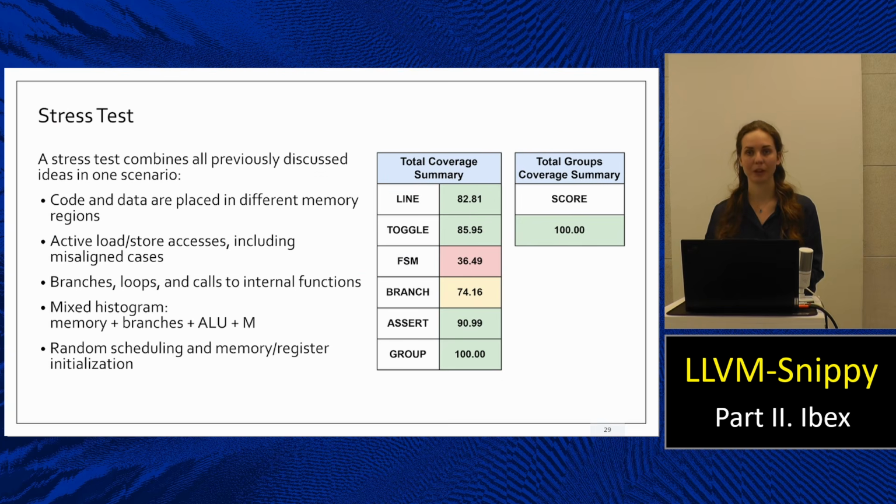To close the missing cover points, we built a stress test by combining the ideas from previous scenarios in one config. Code and data are spread across different memory regions, so PC and address signals change more actively. For load store, additional access ranges are added: different regions, aligned and misaligned access, and different offsets. This gives the LSU denser and more varied traffic.